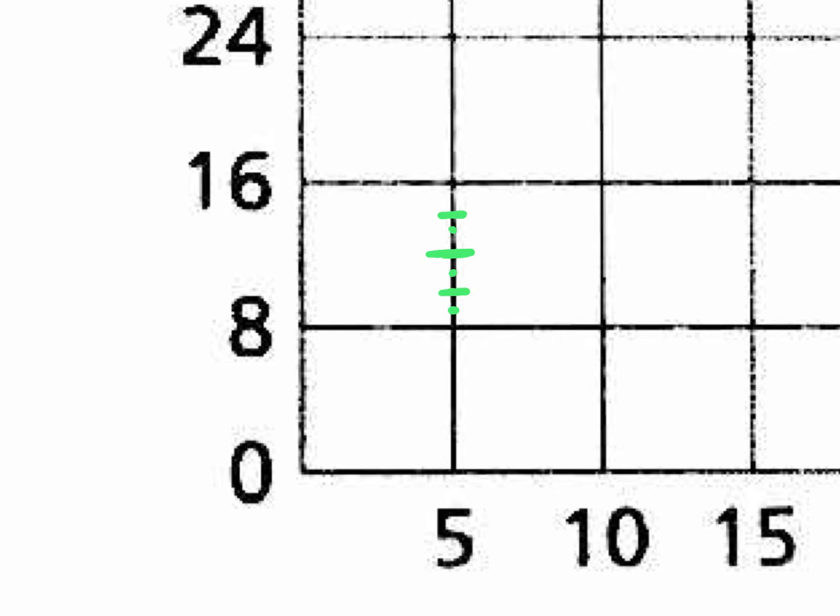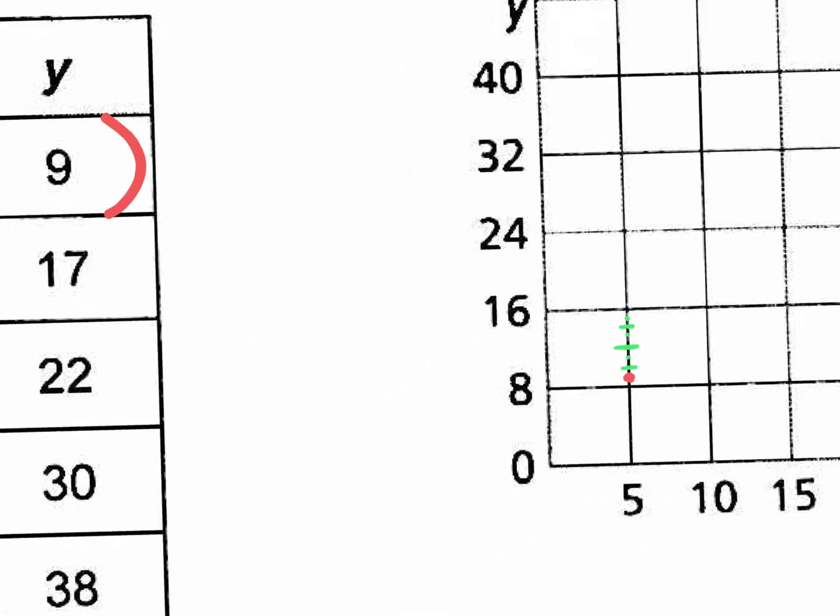I hope that makes sense, that this is 8, this is 9, 10, 11, 12, 13, 14. We need a 15 right there, and then obviously 16 would be up here. So 9 would be ridiculously close to the 8. That was the first coordinate.